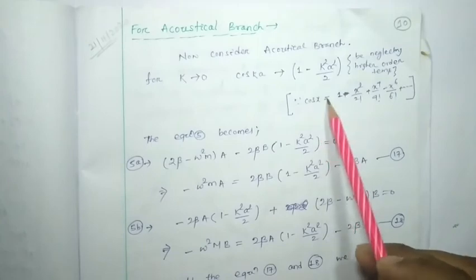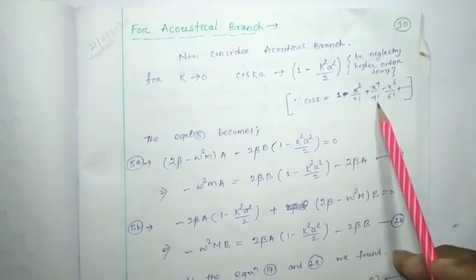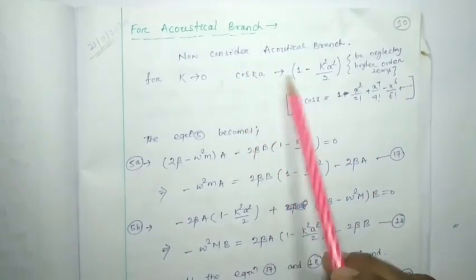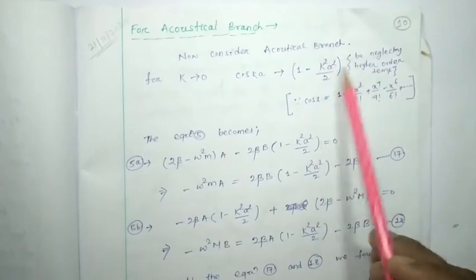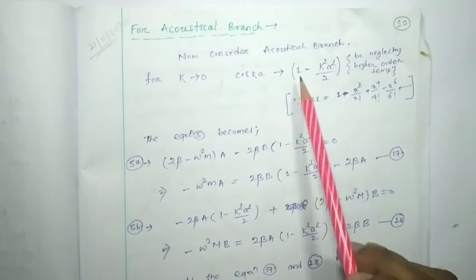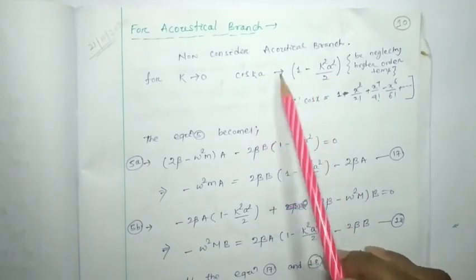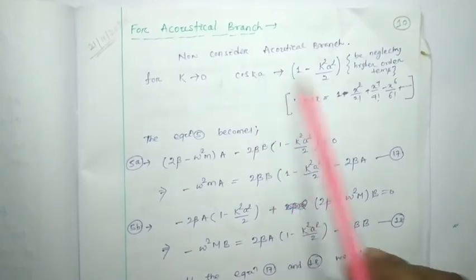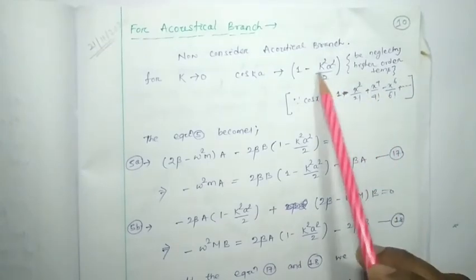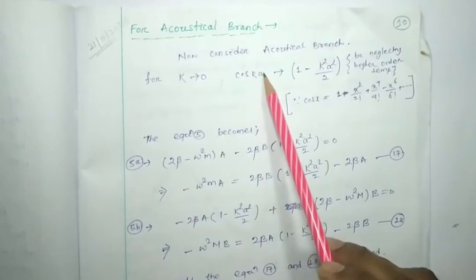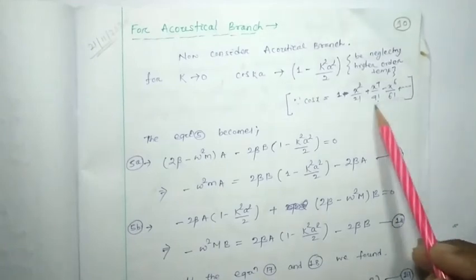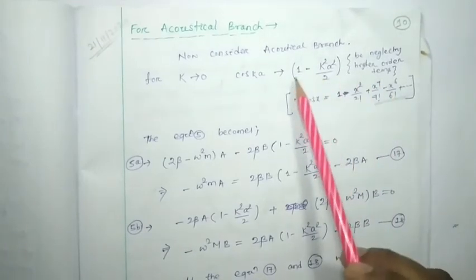The value of cos x is 1 minus x square by 2 factorial plus x to the power 4 by 4 factorial minus x to the power 6 by 6 factorial, like that. So cos ka will be 1 minus k square a square by 2 factorial, that is k square a square by 2, then plus k to the power 4 a to the power 4 by 4 factorial, but the higher order terms are neglected, and we consider 1 minus k square a square by 2.